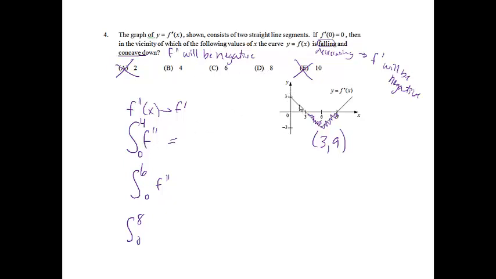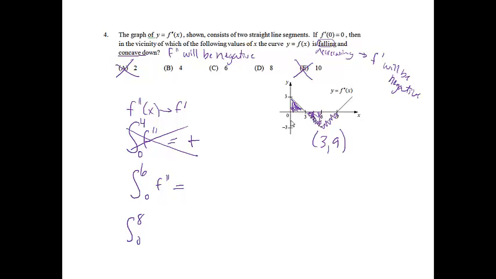Okay, to get an integral, when we're given a picture, it's just the area under the curve from 0 to 4. So if I look at the area under the curve from 0 to 4, it's going to be this little spot right here. I notice that that is going to give me a positive answer. Remember, I need f prime to be negative, so that is not going to be a possible choice. Okay, now going from 0 to 6, it's going to be this area and this area.